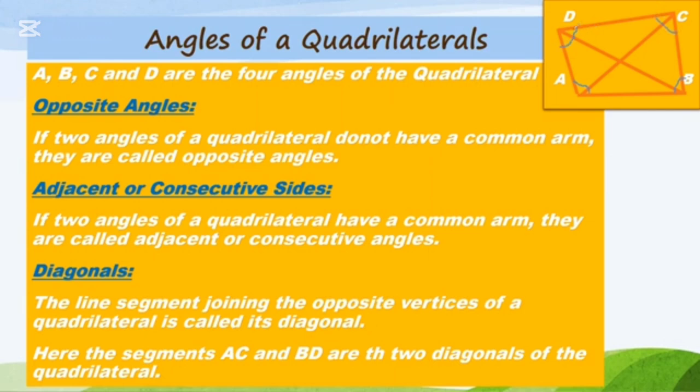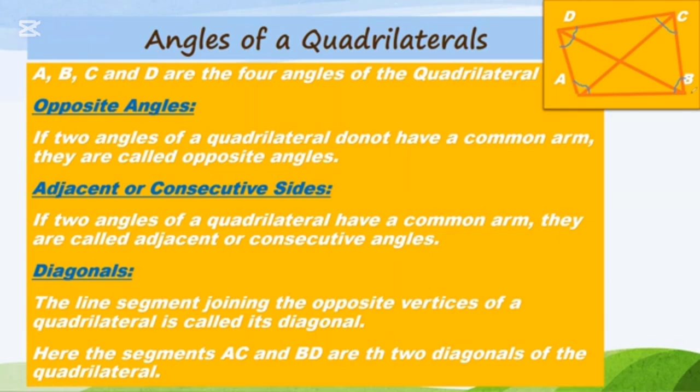So what are called opposite angles? If two angles of quadrilateral don't have a common arm, they are called opposite angles. Here you can see that angle A contains the arm DAB and angle C contains the arm DCB.